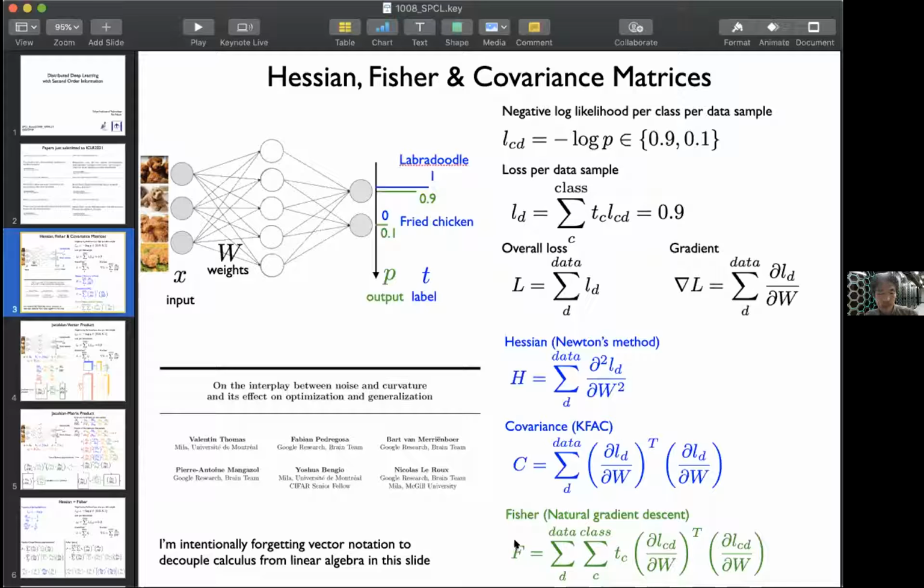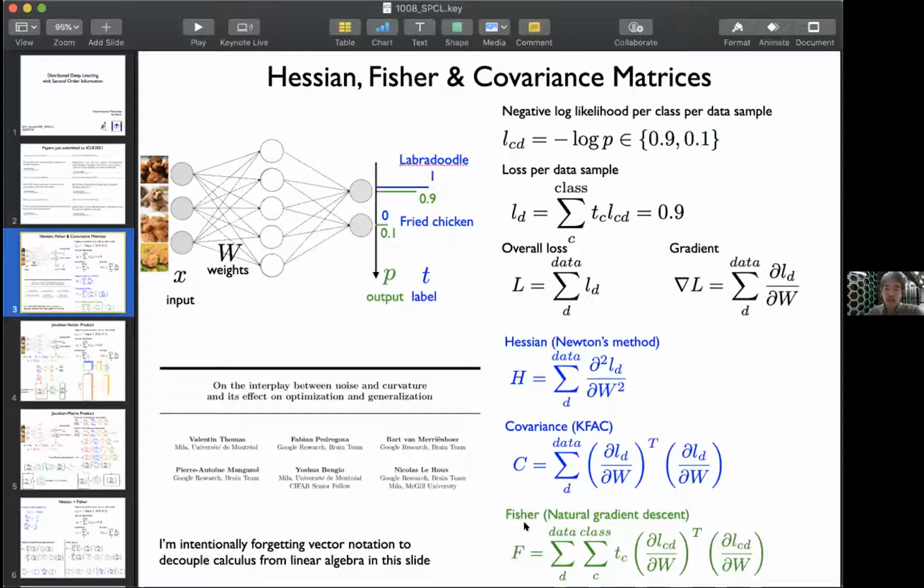And I know it's confusing to have three different matrices, all being used as preconditioners for a second order method. Well, actually, you shouldn't call these all second order methods, because the only thing that's a second order derivative is the Hessian. The others are actually the covariance of the gradients, and also the sum over classes for those covariances of gradients.